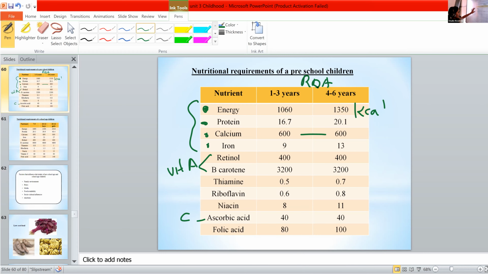Just compare the energy requirement of an infant and a preschool child. Just check the value in infancy and in early childhood.